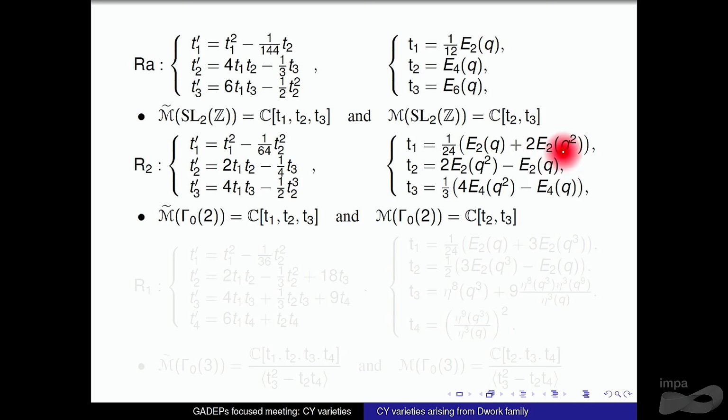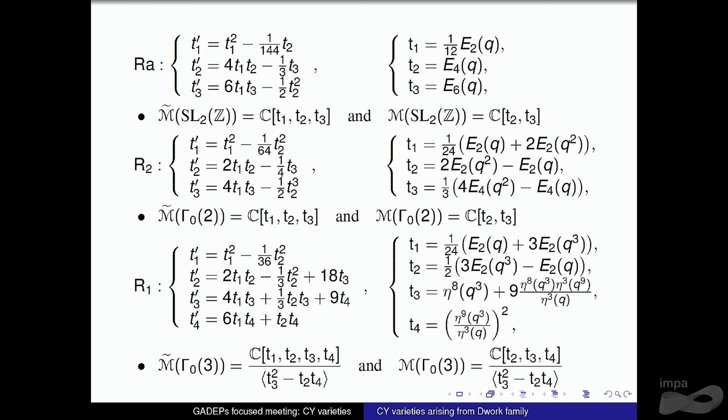T1 is again a quasi-modular form, and T2 and T3 are modular forms. These solutions generate the space of quasi-modular forms over gamma naught 2, and T2 and T3, these two solutions, generate the space of modular forms for gamma naught 2. And we find similar properties in the case of the third system, but here the spaces of modular forms and quasi-modular forms are for gamma naught 3.